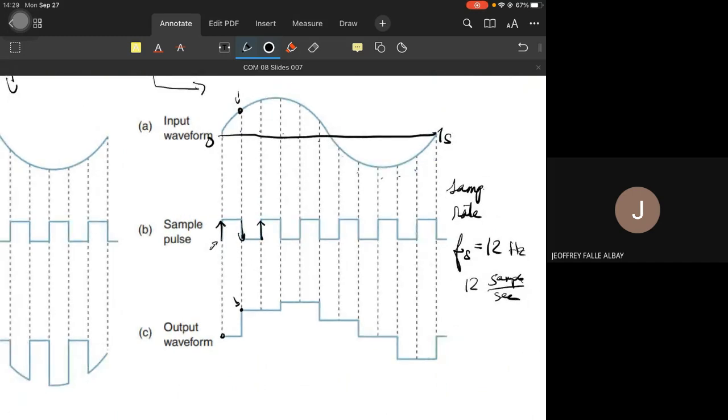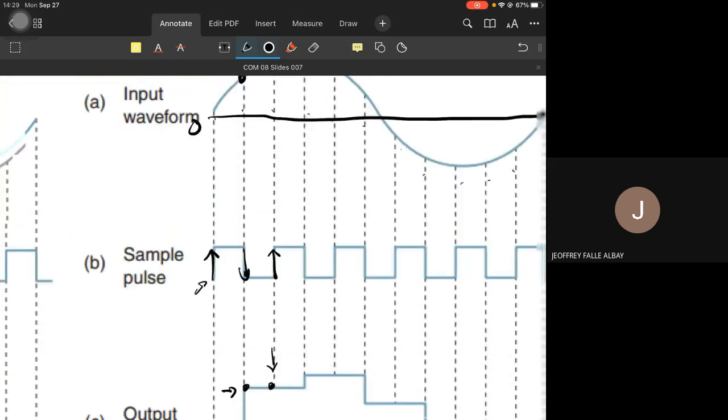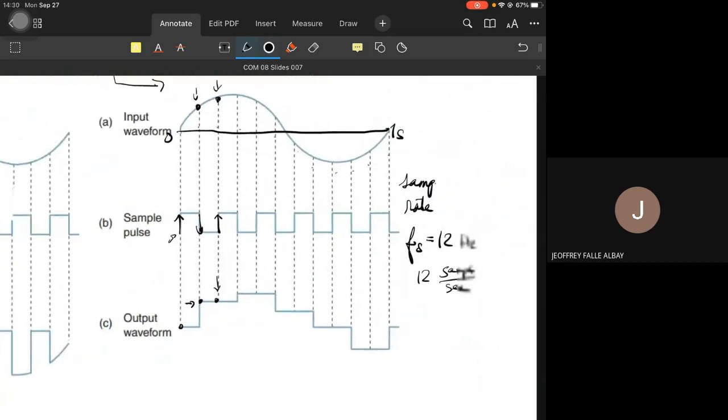Notice they are the same. Our example is not very accurate. Sample 3 should be higher than sample 2, because the amplitude at the third point is higher than at the second point. So our example is not very accurate, but I hope it suffices.